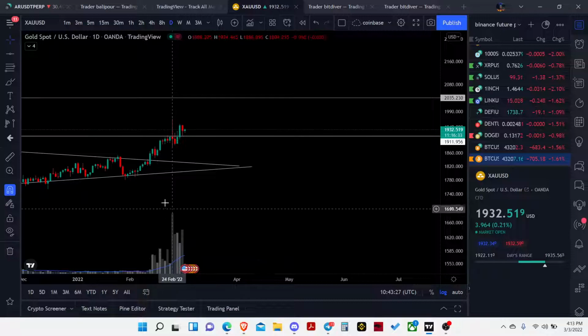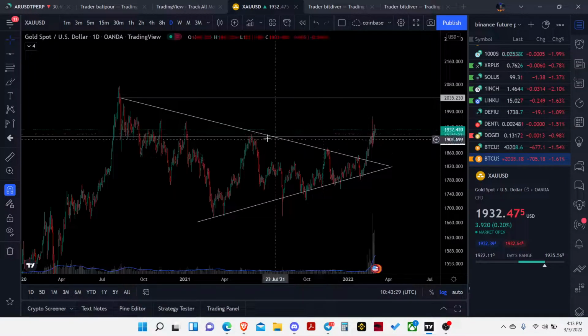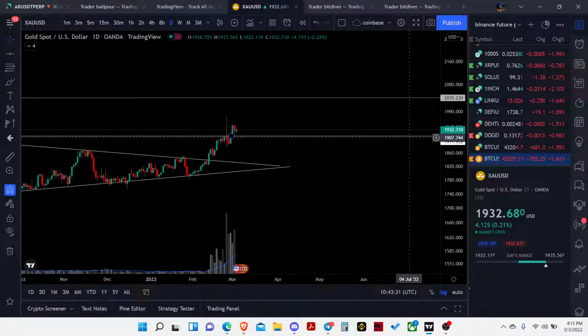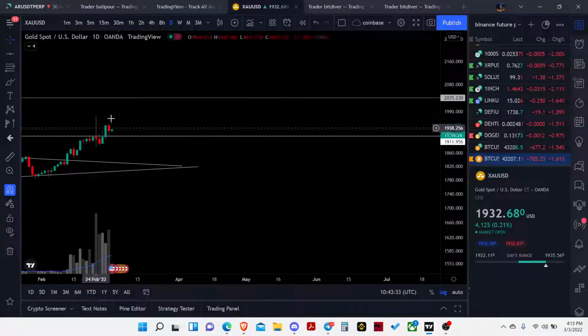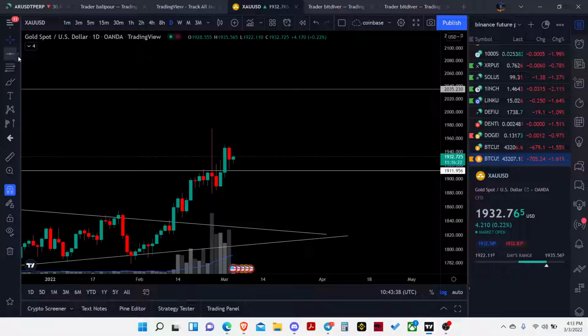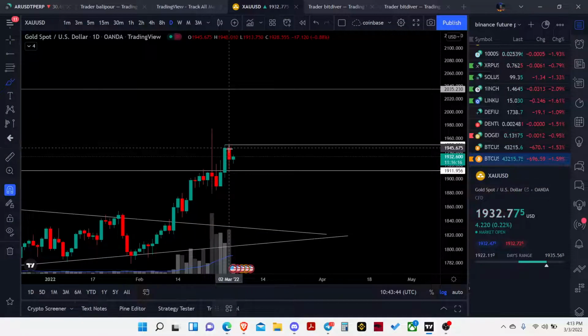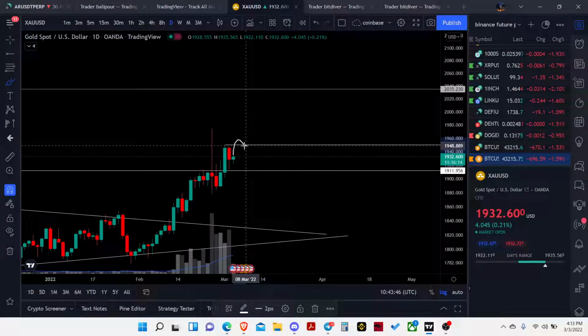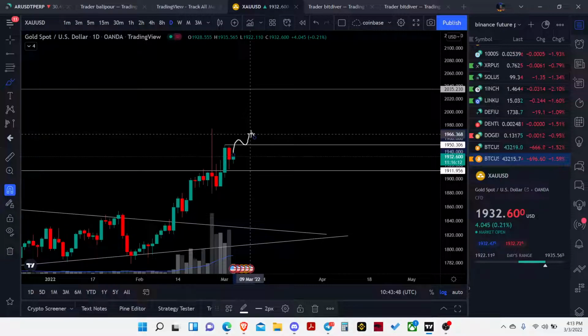There you can see the big volume comes into the market, and we flipped the resistance back into support. So by this candle of yesterday, I think it was a good confirmation, but we need one more confirmation, like breaking above this confirmation candle, and there we can get an additional confluence.